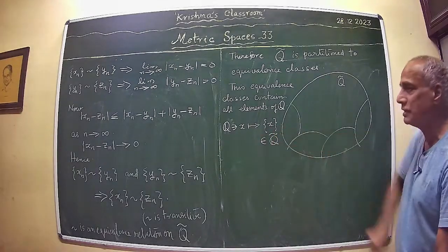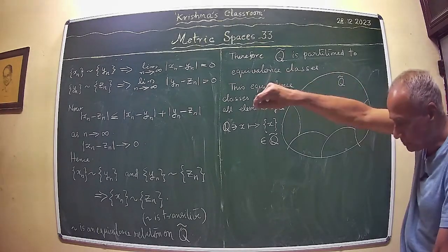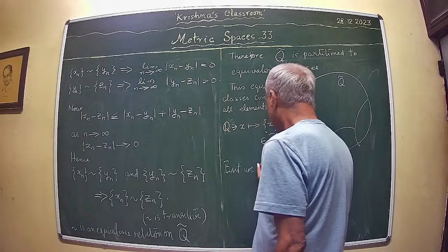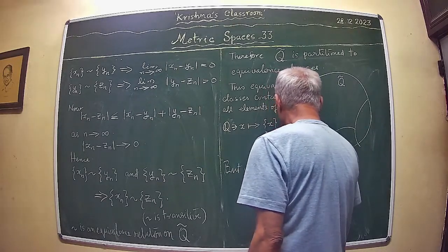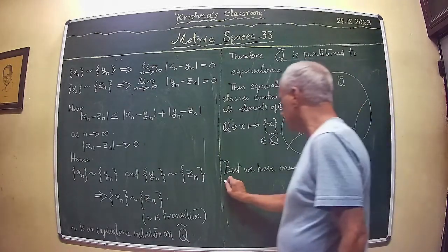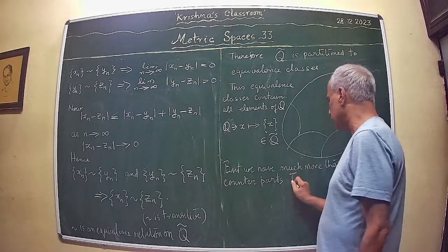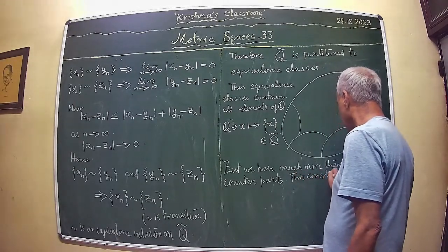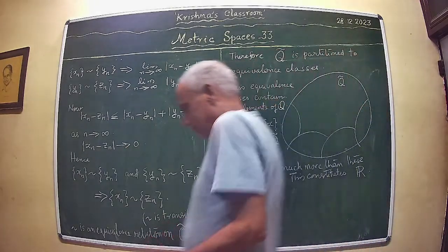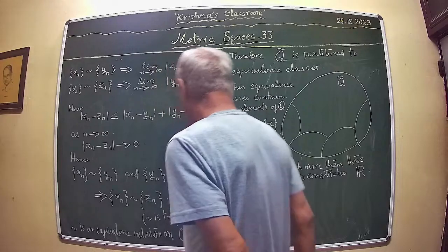So each x is identified with this constant sequence x in Q tilde. So you have a counterpart of each element of Q in this class. But we have much more. These counterparts, and this constitutes R. So that is the way in which R is constructed, and this is Cantor's construction.